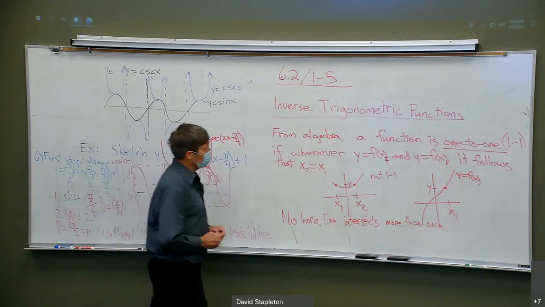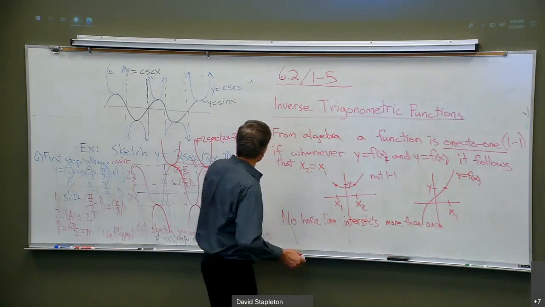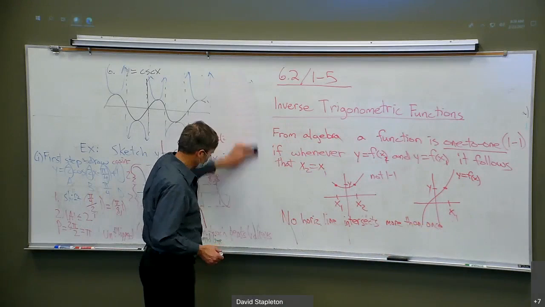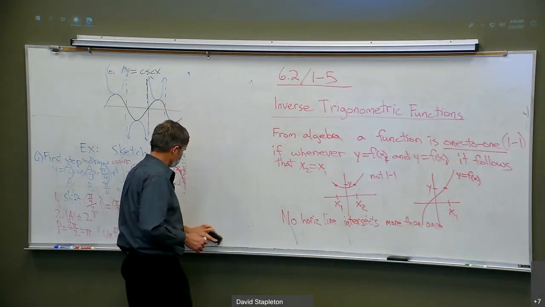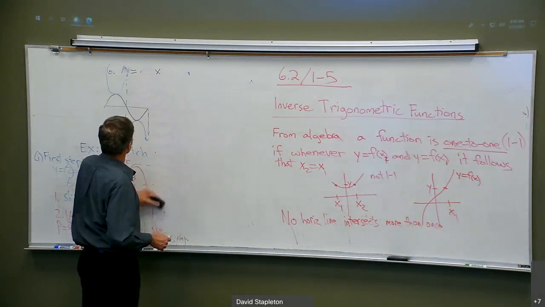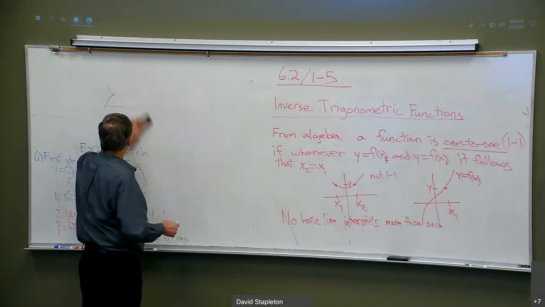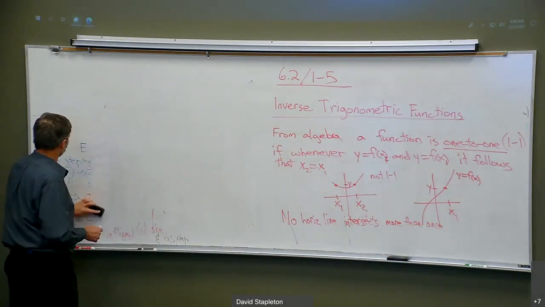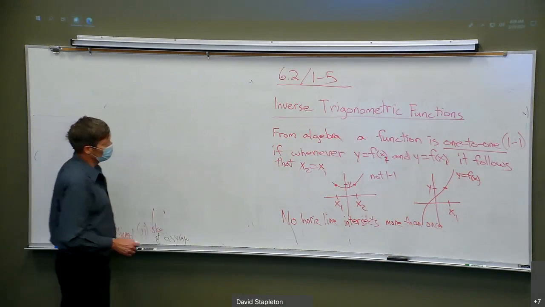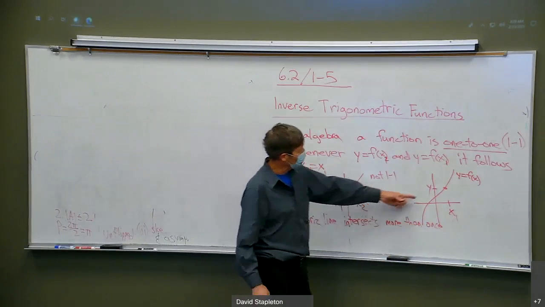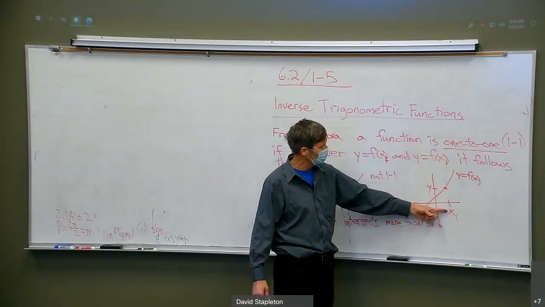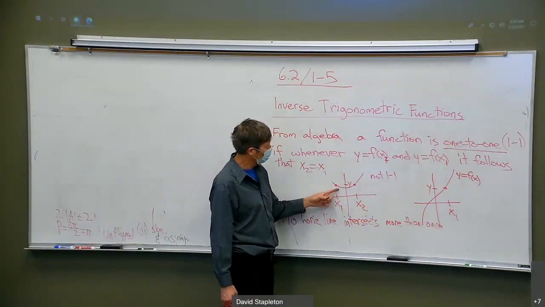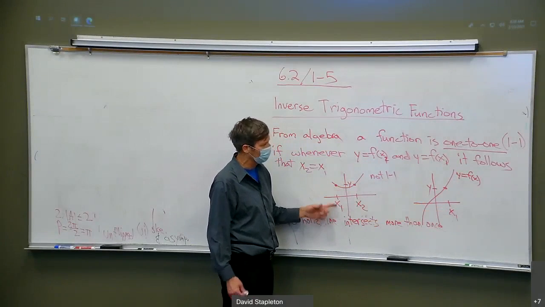Now, the 1-to-1 functions are nice because they're invertible. You did this in algebra. I don't know if you remember it. But the idea is, if you give me a y value, I can give back the x value. I undo what the function does, because there's only one x value that goes with it. But if I have a function that's not 1-to-1, you give me the y value, I can't tell you which x value it is.